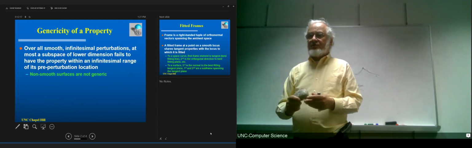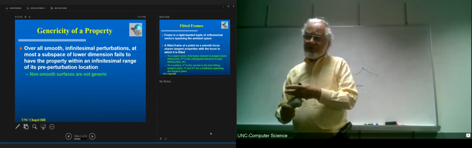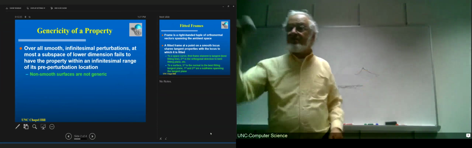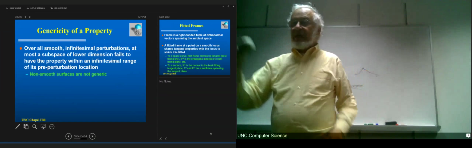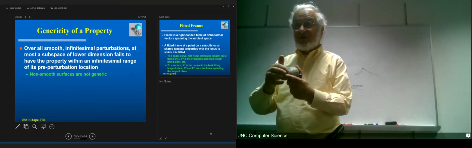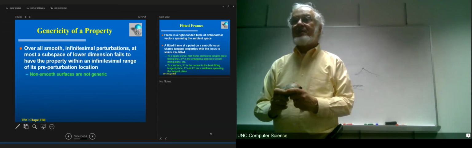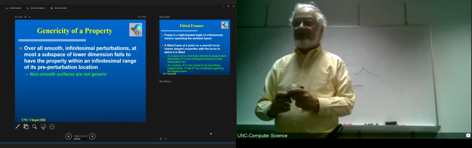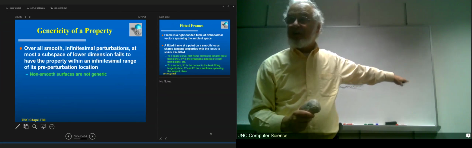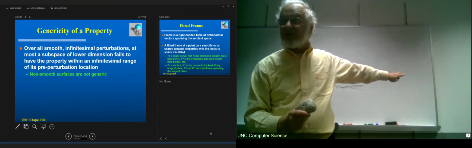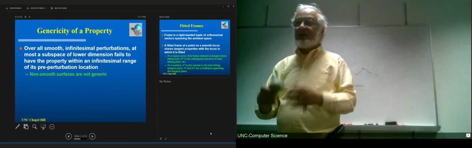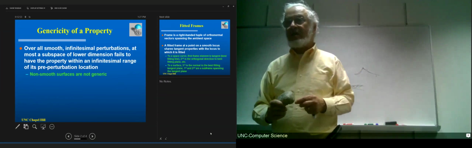The question is, are umbilics generic? Let's look at all the infinitesimal perturbations of this surface and see whether within an infinitesimal distance of where the umbilic was, you still have an umbilic. And the answer is yes, you will, in all but a minority subdimensional set of cases. So the umbilic property is generic, we say.